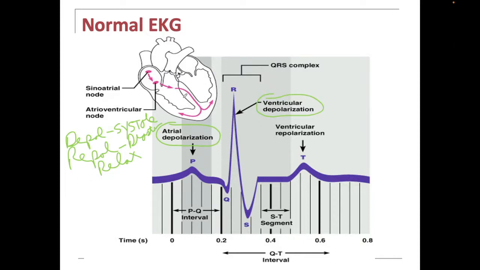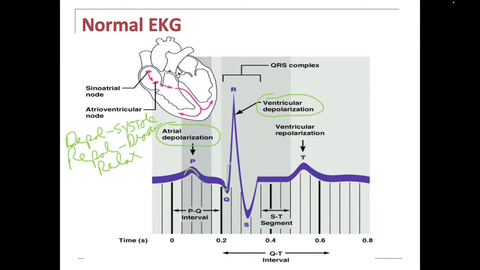Which is working harder, the atrium or the ventricles? The ventricles. So look at the ventricular wave, QRS wave. So the P wave here, that's measuring atrial contraction, atrial depolarization.